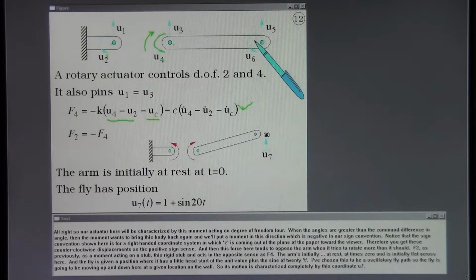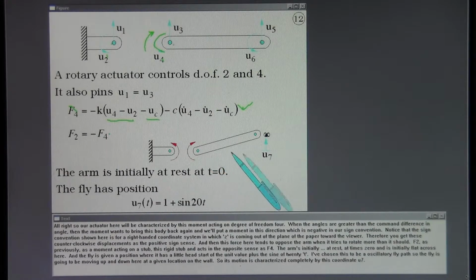F2, as previously, is a moment acting on the stub, this rigid stub, and acts in the opposite sense as F4. The arm is initially at rest at time 0 and is initially flat across here.